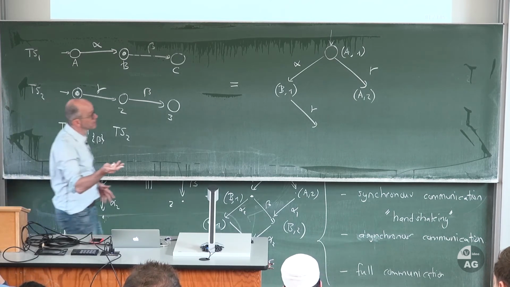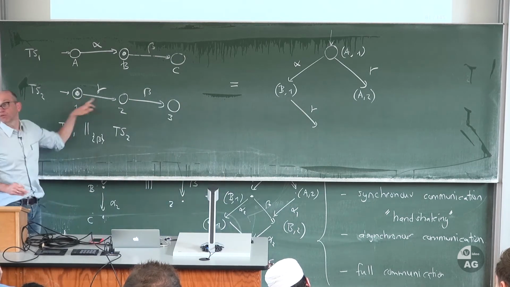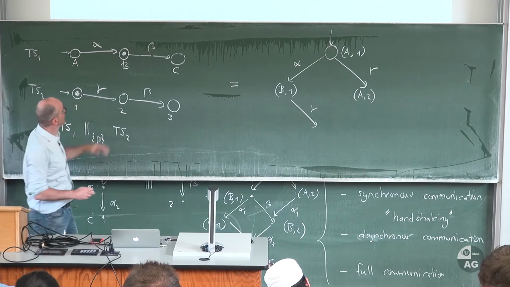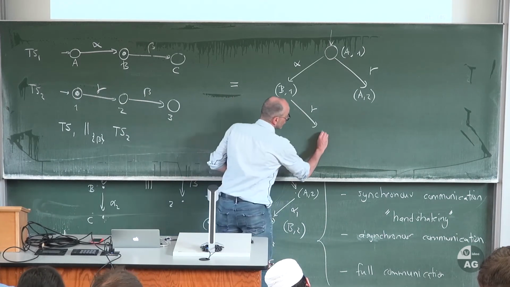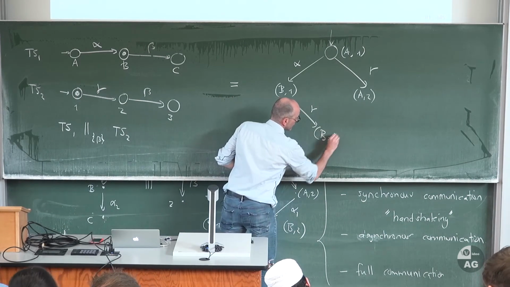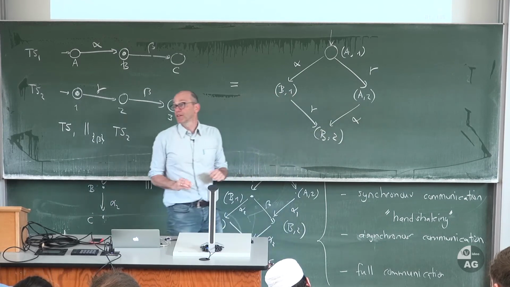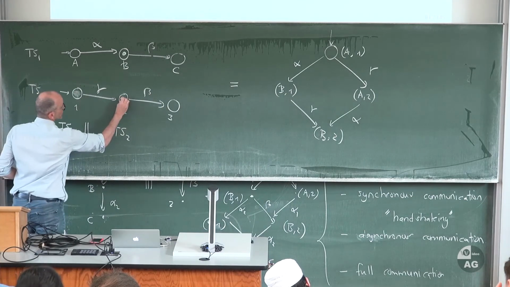But that's not the case, because the other one is still in 1. It's not able to do a beta here. It can only do a gamma. So we first have to do this gamma. Now we move to the state B2. And I hope you easily see that also if you do this alpha here, you get to the same state. This is symmetric.